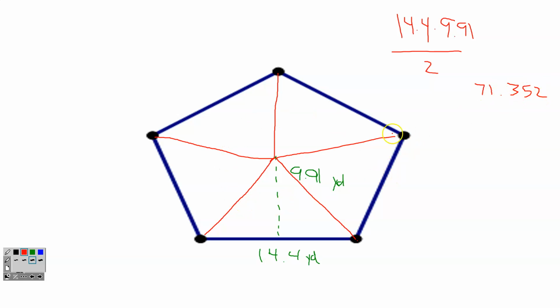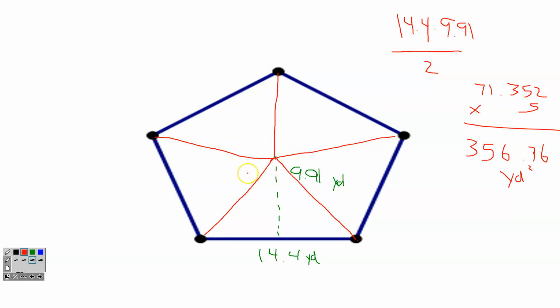I need to now take that and multiply it by the number of triangles that I see. 1, 2, 3, 4, 5. So I get an answer of 356.76. I'm going to label it yards squared. So there's your triangle method.